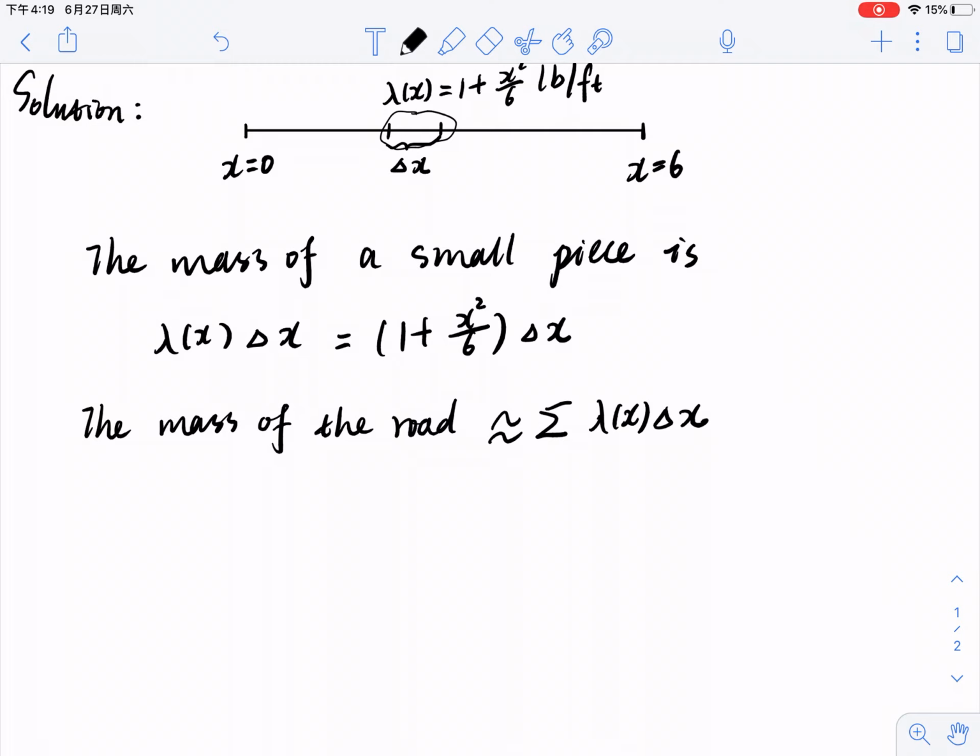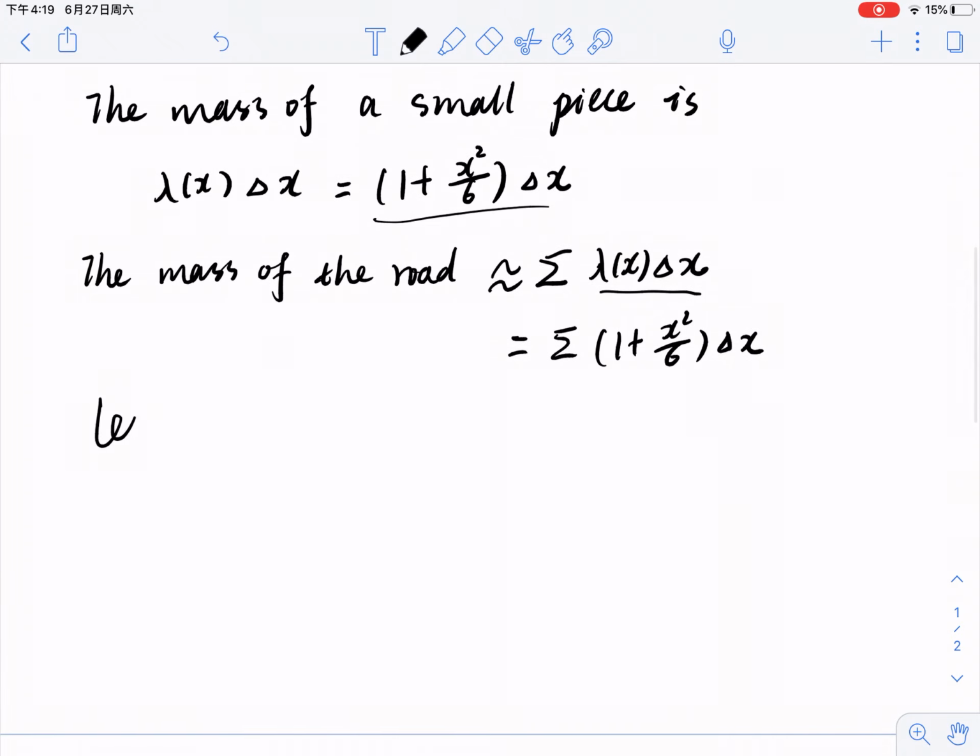So this is the sum of lambda(x) delta x, which is (1 + x squared over 6) delta x. Next we let delta x go to 0.